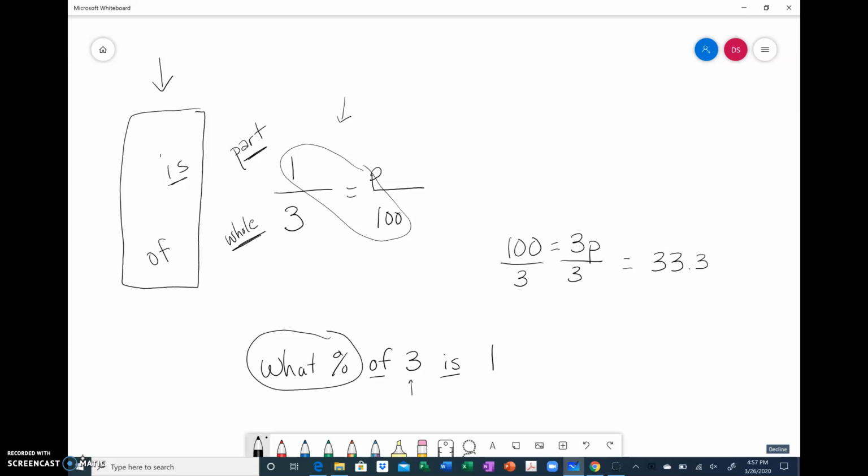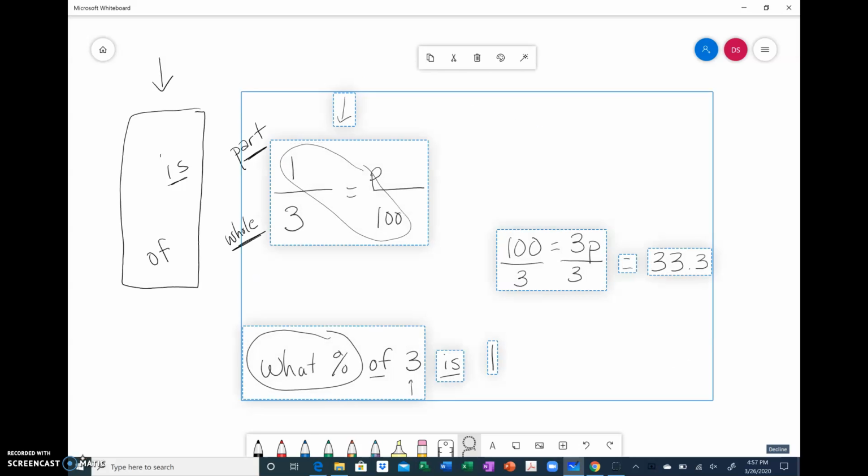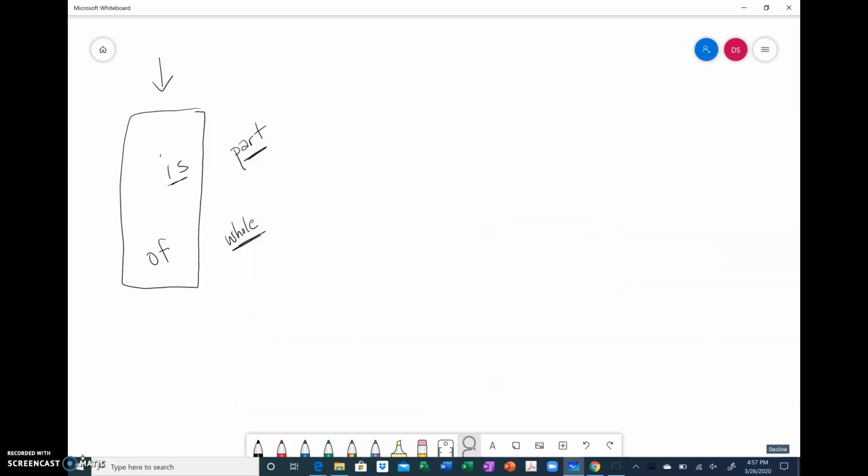Okay, so using that skill, let's move down to guided practice number 1 and see what you can do with it. If you want to try it on your own, pause the video.